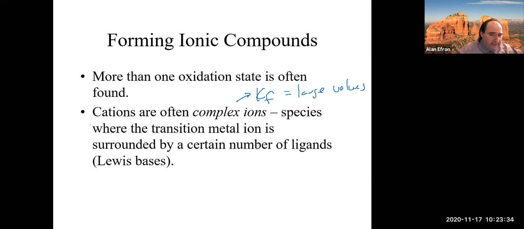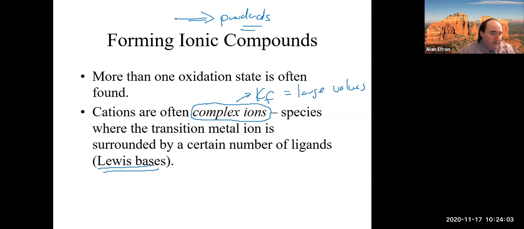What that means is that a lot of products should be formed, and the formation of a complex ion is favored in that situation. So cations are often part of our complex ions. Complex ions, as we talked about, are basically a metal in the middle, and attached to it are certain numbers of what are referred to as ligands, and these ligands are Lewis bases.